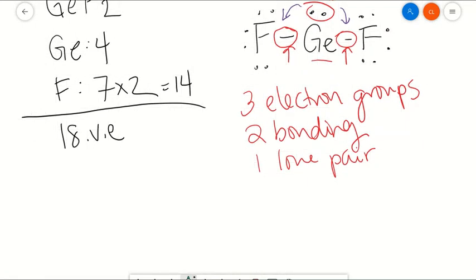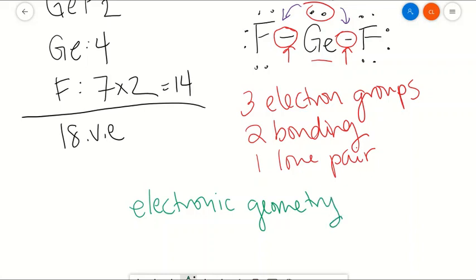So now we have a case where we have an electronic geometry. It still has 3 things around it. So the electronic geometry is still trigonal planar, like the last one.